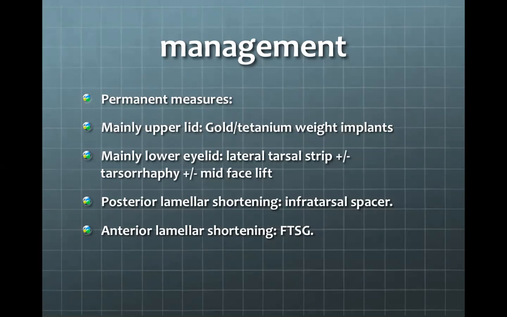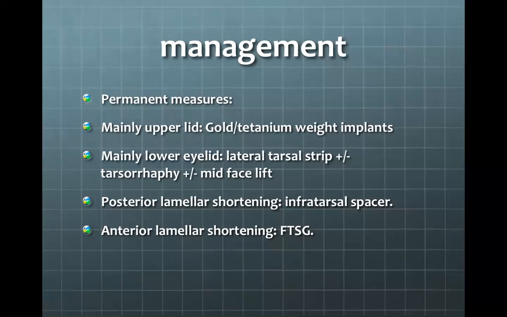And if there is mainly lower eyelid ectropion and laxity, you can do a lateral tarsal strip with or without tarsorrhaphy. And if there is facial ptosis, you can do a mid-face lift.